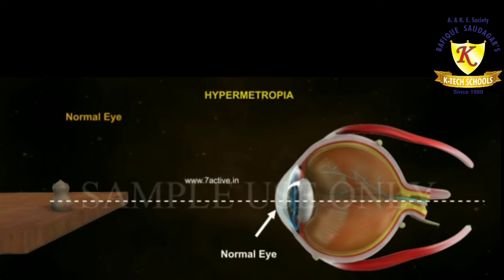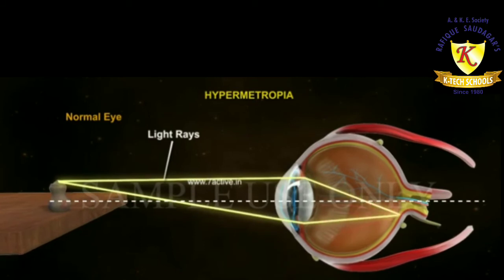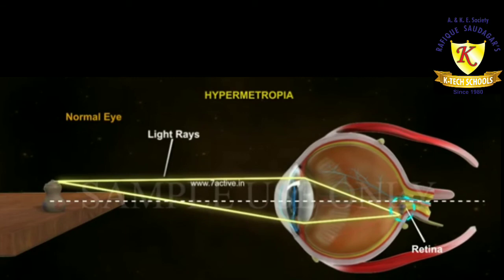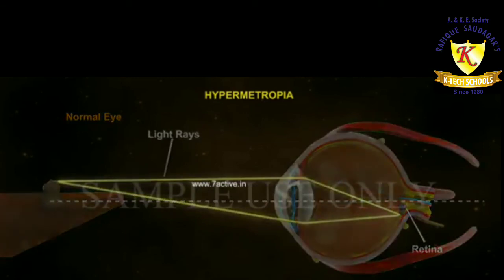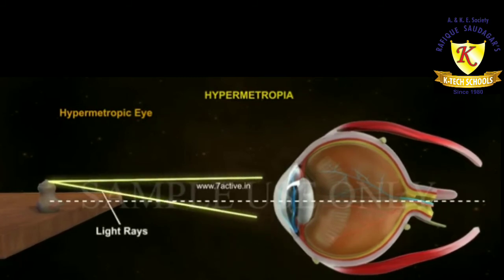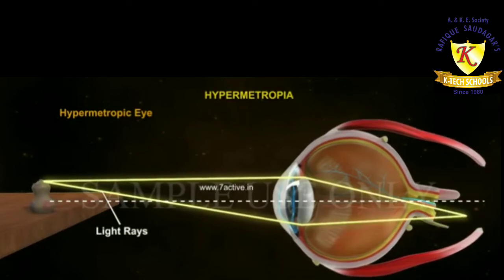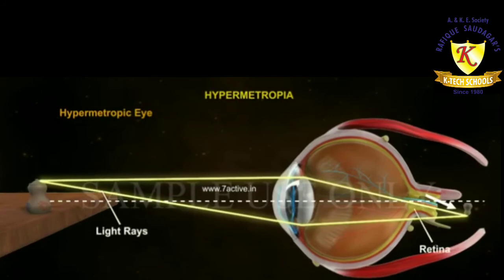In case of normal eye, the light rays from the object fall on the eye and converge on the retina. In case of hypermetropic eye, the light rays from the object fall on the eye and focus the incoming light at a point behind the retina.